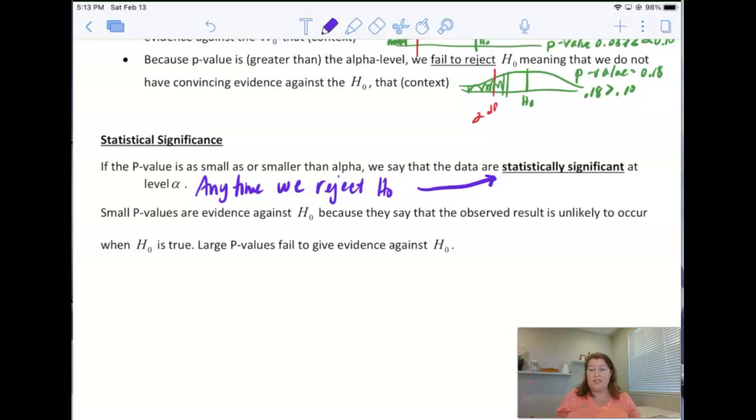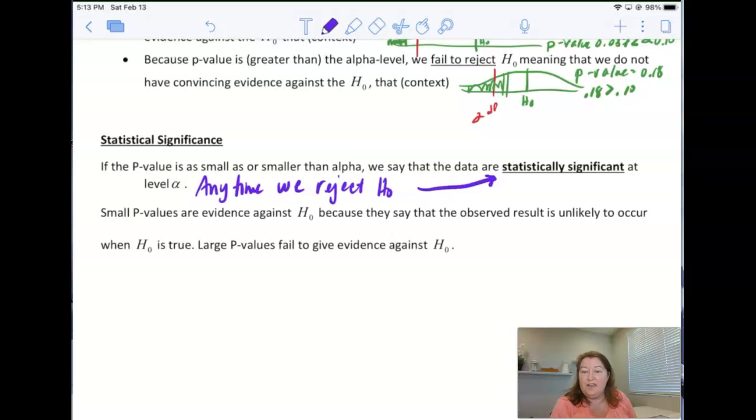That's why we're rejecting the null hypothesis and saying we don't think that original claim is true. So small p-values are evidence against the null hypothesis because they say that our sampling result is unlikely to occur when H sub O is true.